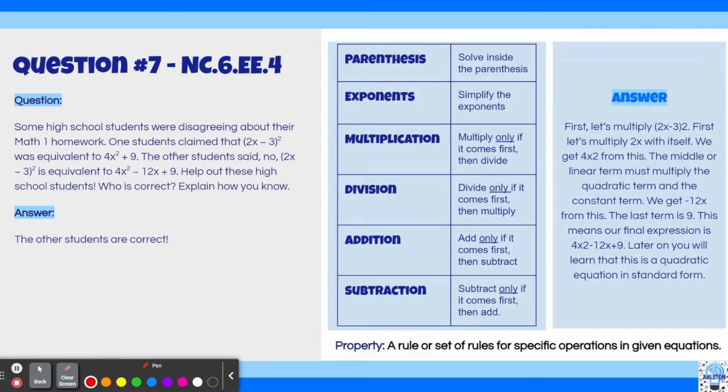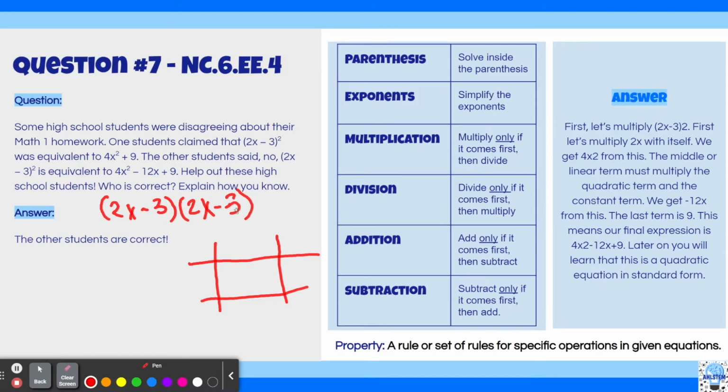So let's use our distributive properties again. I know this is just 6th grade math, and this is a pretty advanced topic, but hang in with me. I'm going to make a little foiling table. When we multiply two equations like this, this is basically just 2x minus 3 squared, right?